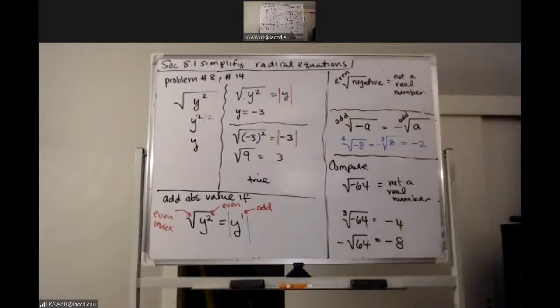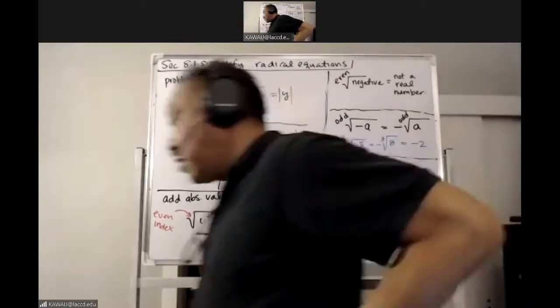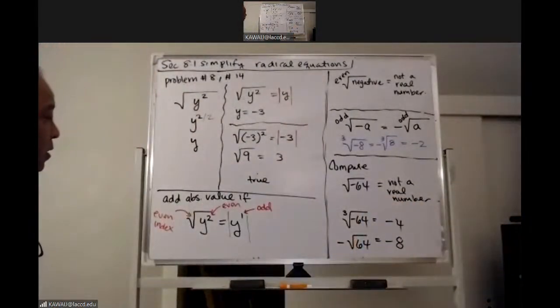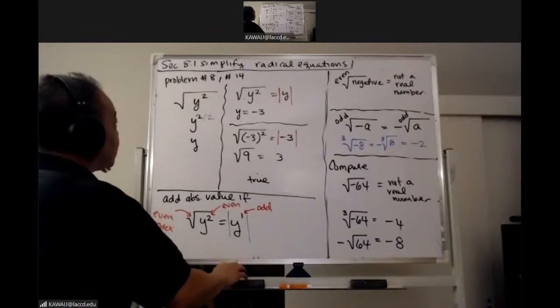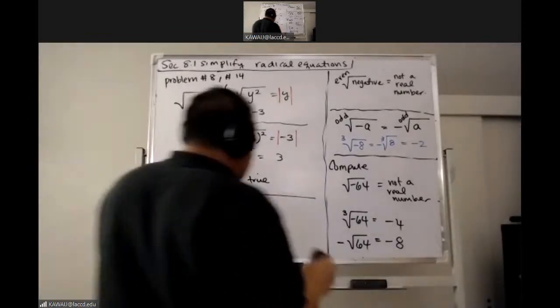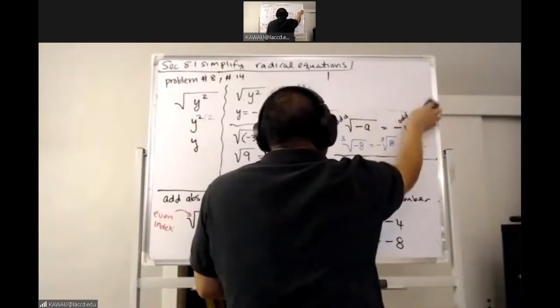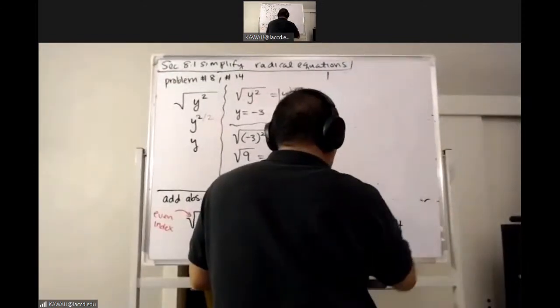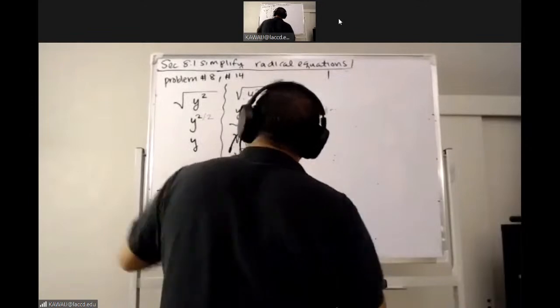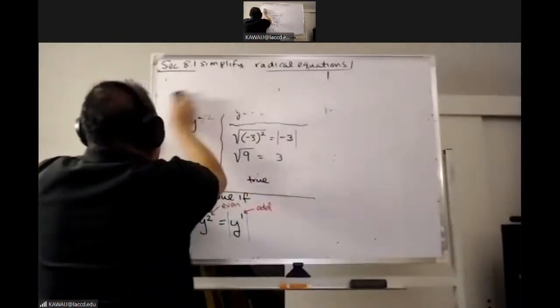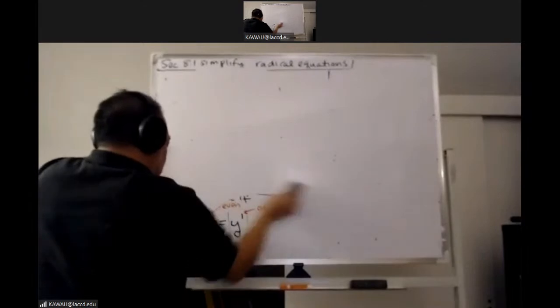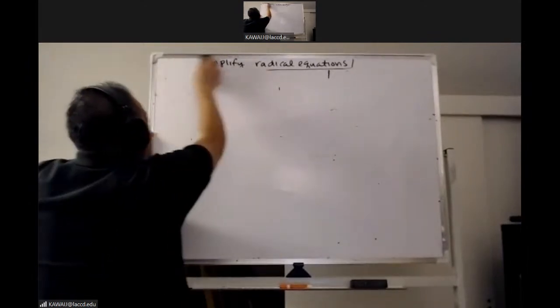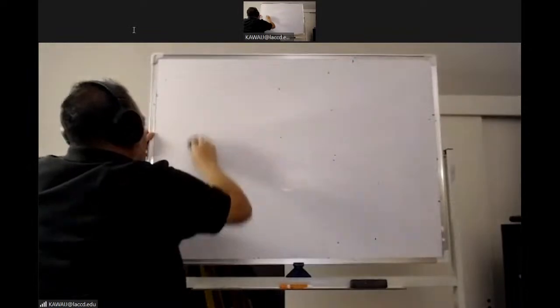Okay, does anyone have a question with what's on the board? Okay, so let's clear the decks. I'm going to clear it slowly, so if you have a question, you can stop me. Okay, I think we're done with 8.1.